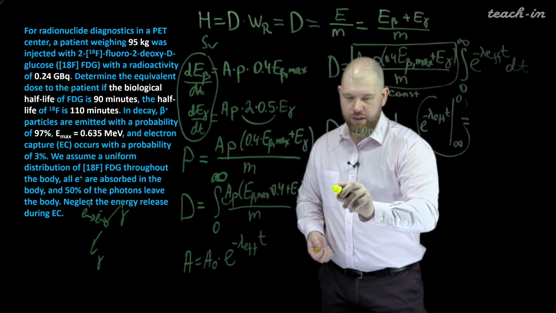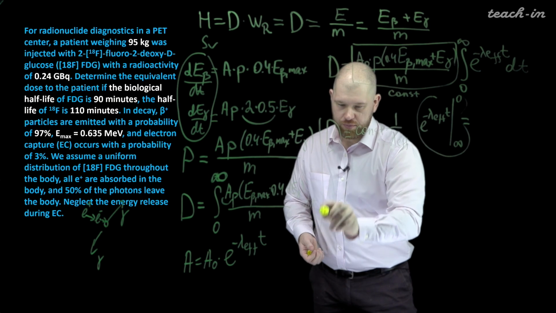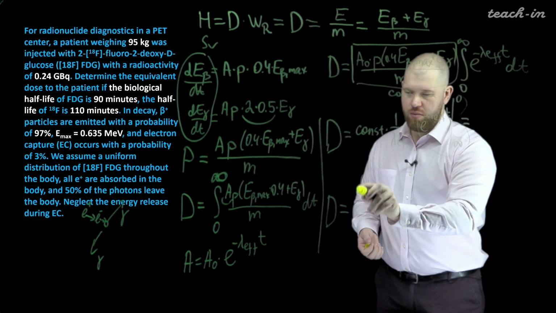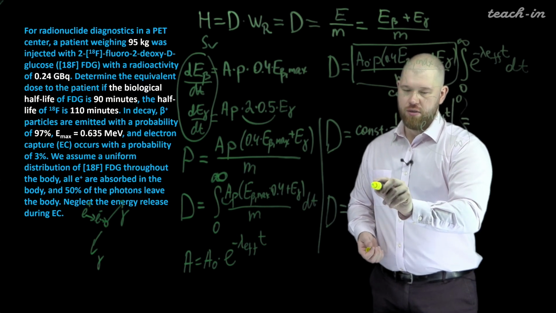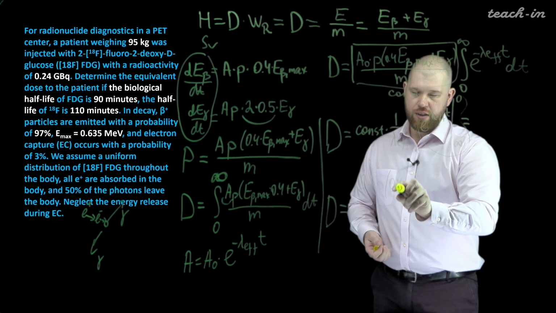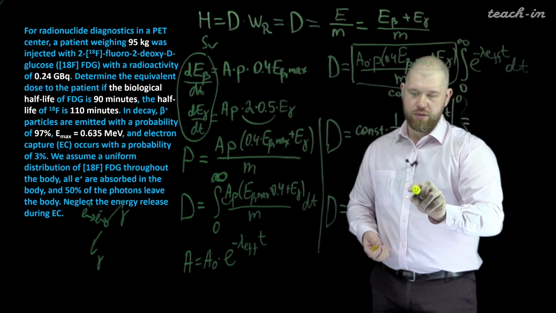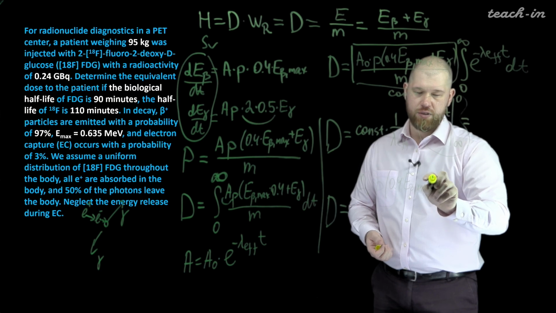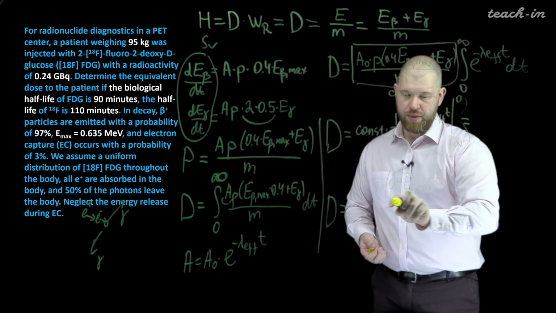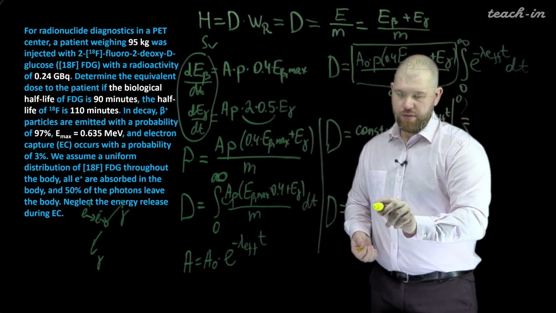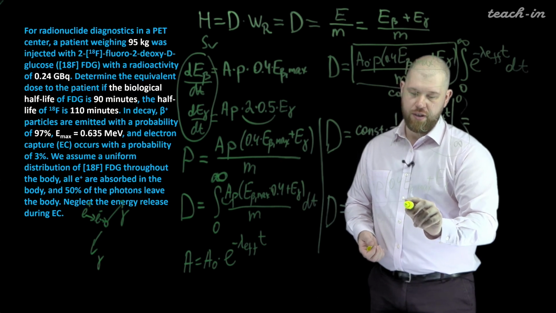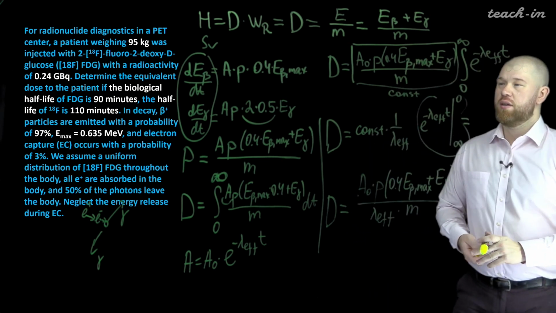So we can write that the whole dose will be equal to our initial activity, the probability of the beta plus particles, the average energy of the beta plus particles plus the energy of the gamma quantum, and we divide it by the effective rate constant and the mass of the patient.